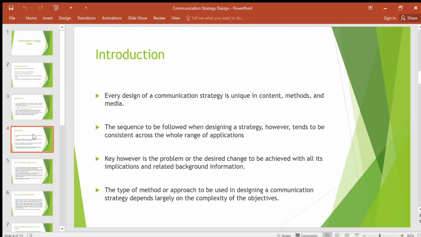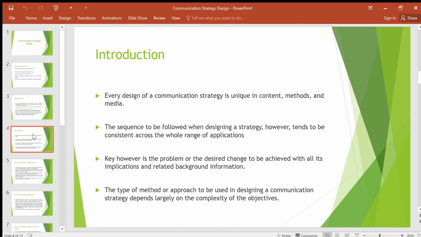The type of method or approach used depends largely on the complexity of the objectives. The less complex an objective is, the simpler the method or approach; the more complex an objective is, the more complex the method or approach used to design a communication strategy. Hope we all understand.